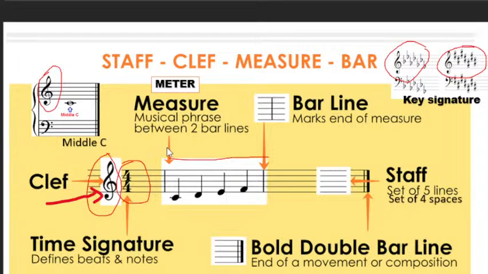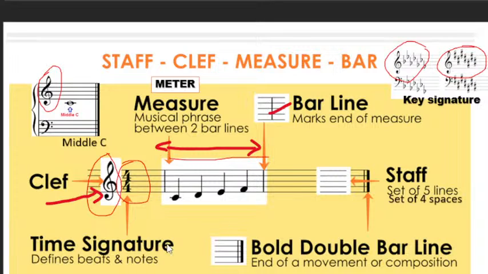Then we have what we call measures. A measure is the musical phrase between two bar lines that separate the notes. These are the two bar lines I'm talking about. This one is another bar line marking the end of the measure.